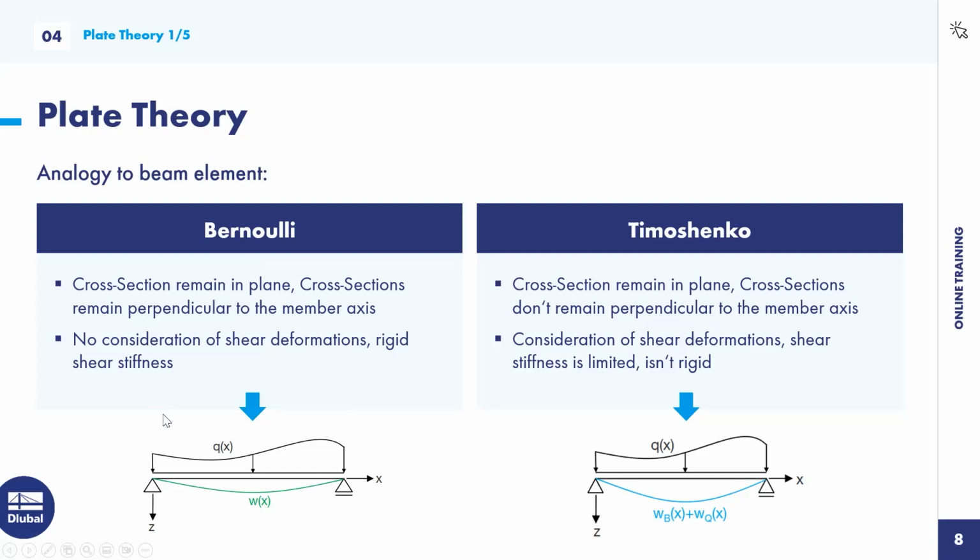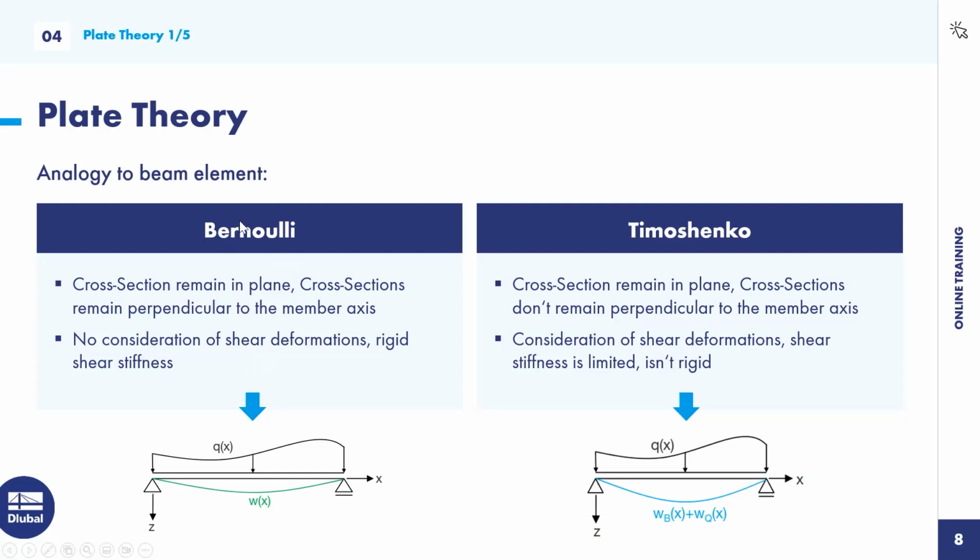The cross sections remain in place, and that's it. Now the differences: the cross sections for the Bernoulli beam remain perpendicular to the member axis, while for the Timoshenko beam, they won't stay perpendicular. You will see in a few seconds in the next slide what that means.